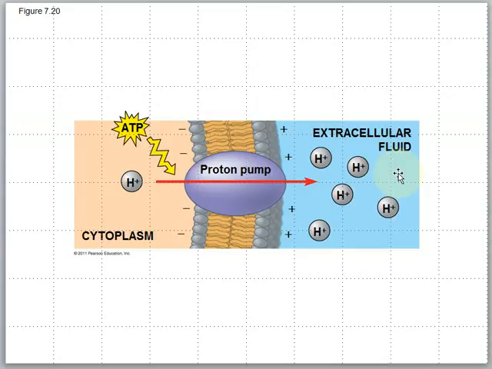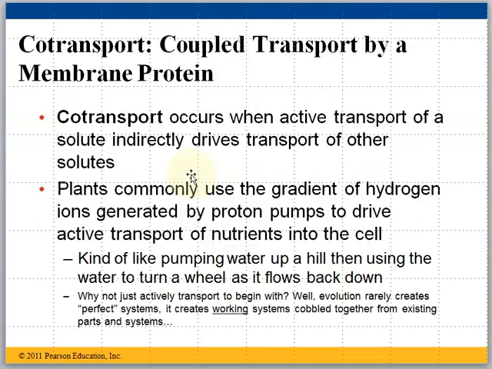So the cell may use this energy difference to get some work done. One of those jobs may be to create more ATP, and that's called cellular respiration. Again, we'll look at that in detail later in the semester. And the other one that we're going to look at today is called co-transport of materials. So co-transport is kind of like a multi-step process.